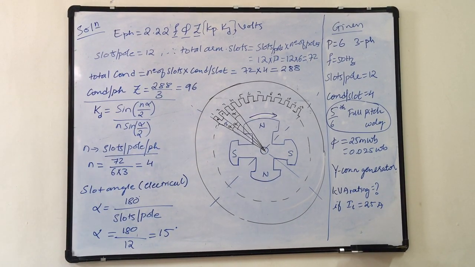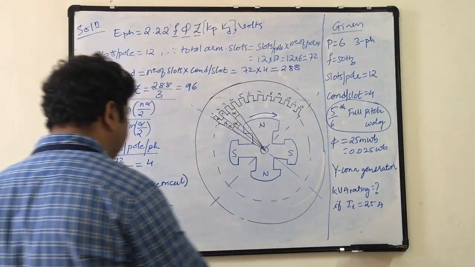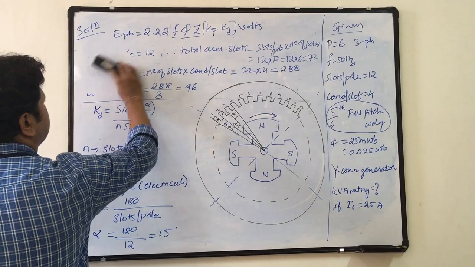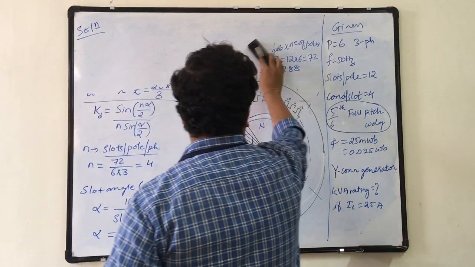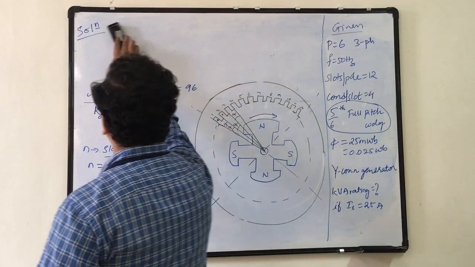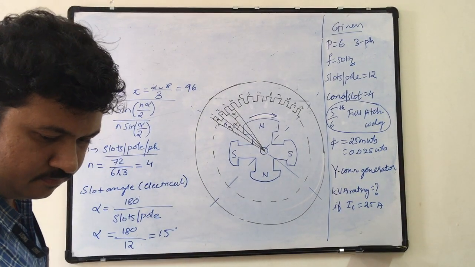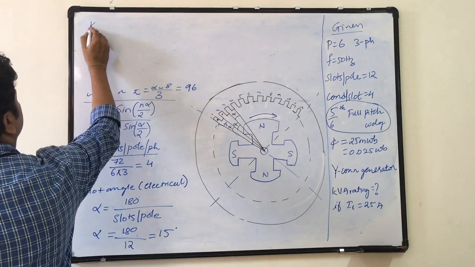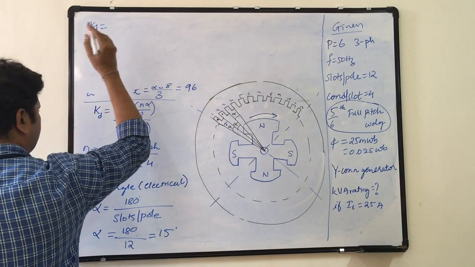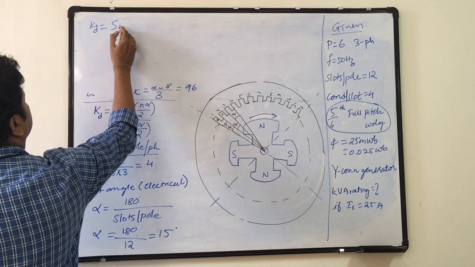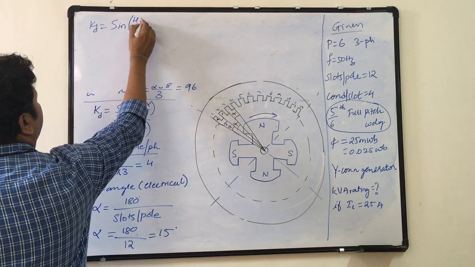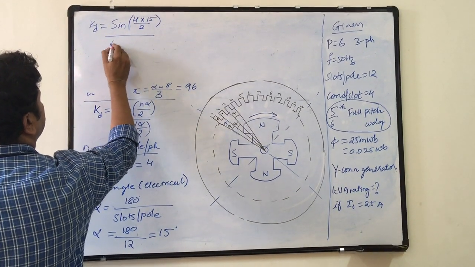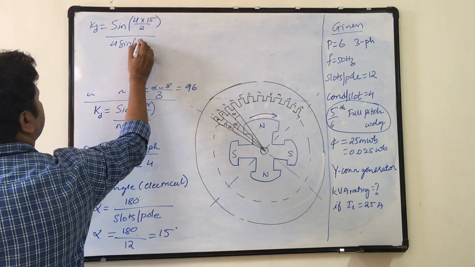Now I will use the upper part. I know n, I know alpha, so I can calculate kd. kd is equal to sine of 4 into 15 by 2, divided by 4 into sine 15 by 2.